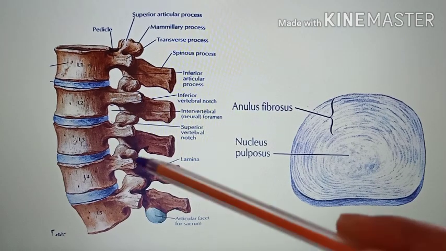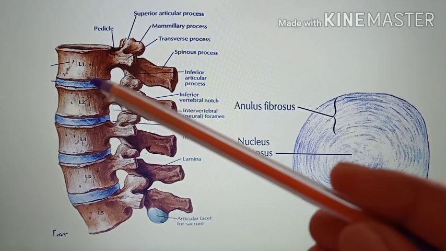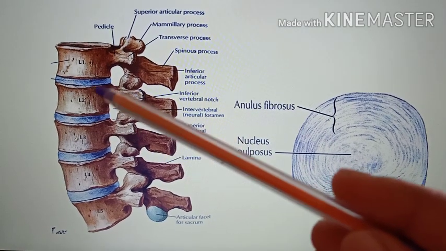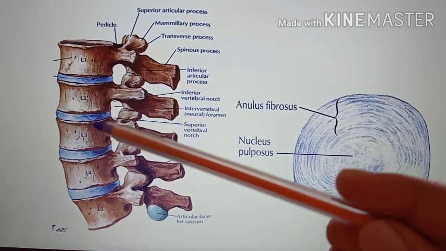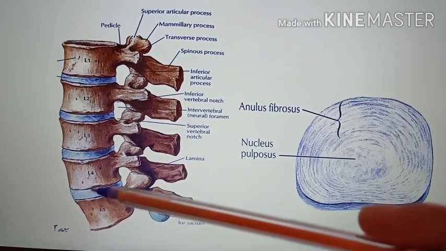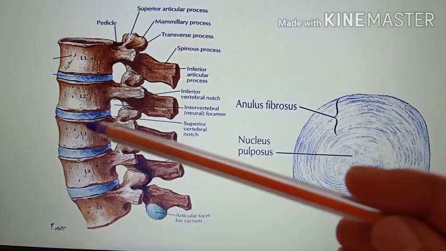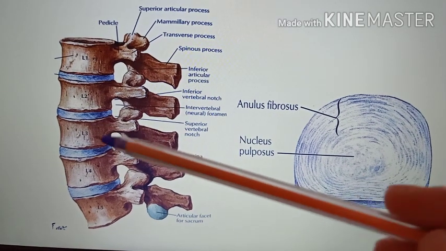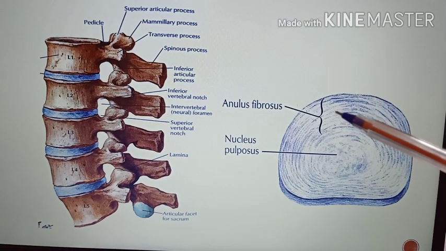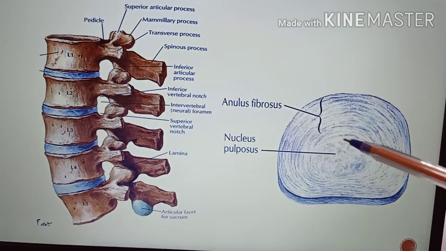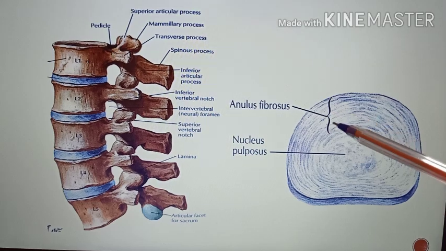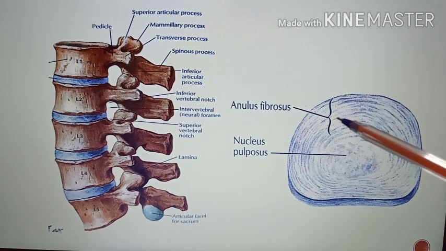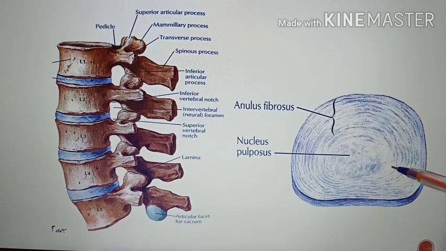Then you can see the upper as well as lower surface of the body is related to the intervertebral disc. These are the intervertebral discs present between the lumbar vertebrae. The intervertebral disc is made up of the nucleus pulposus in the center, surrounded by the annulus fibrosus on the sides.